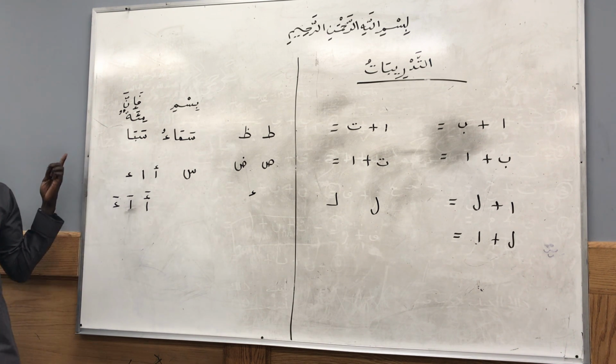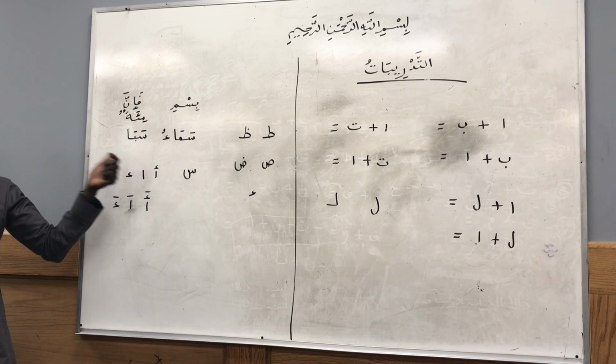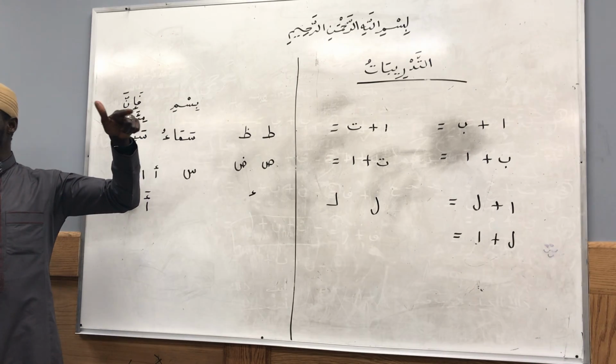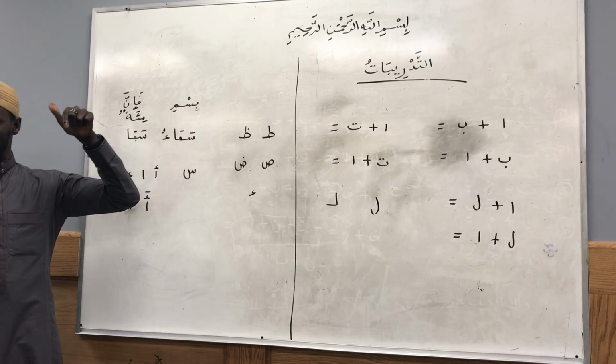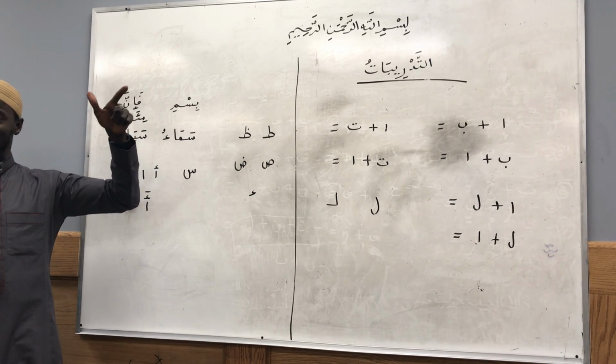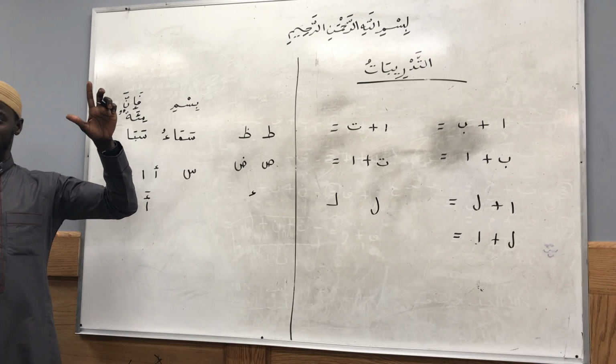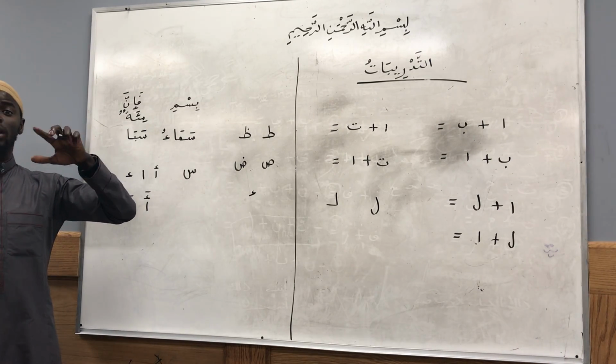Now you go back all from the vowel all the way to what? The mud. Huruf al-mud. We have 3 letters of mud. We have alif, and we have wa, and we have ya, with no vowel. Alright, that's huruf al-mud.